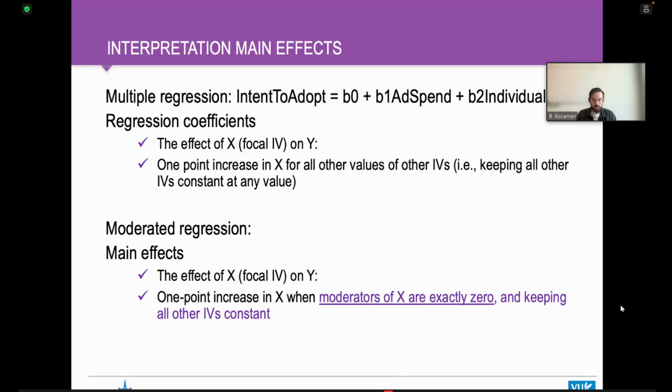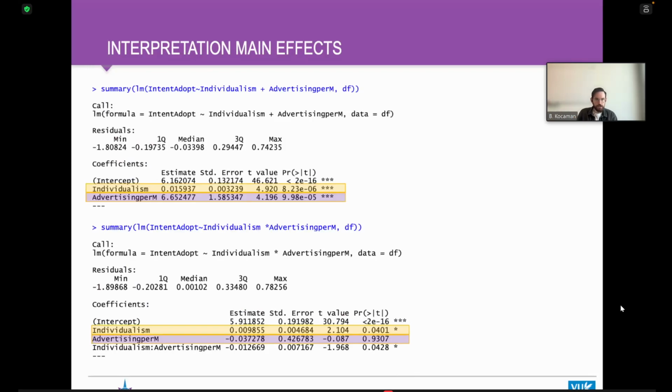Okay, I don't see any questions, so I hope it's clear. So again, just to reiterate, in the first case, individualism and advertising spend, here we don't have the moderation. Advertising spending, for instance, increases intention to adopt by 6.65, keeping individualism constant. But here, we have the moderation effect.